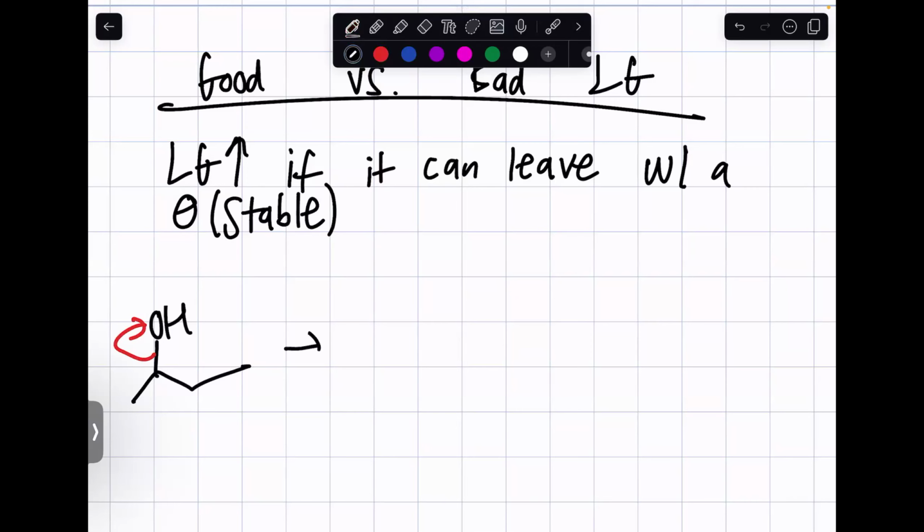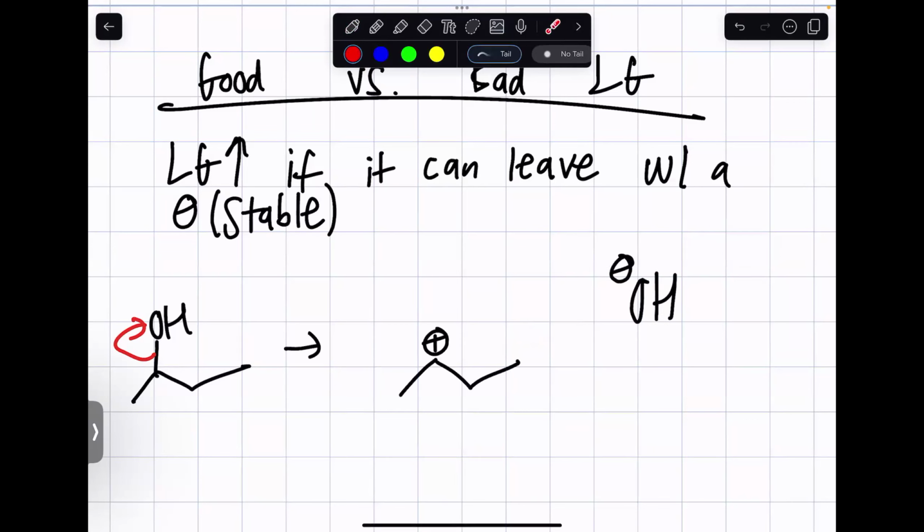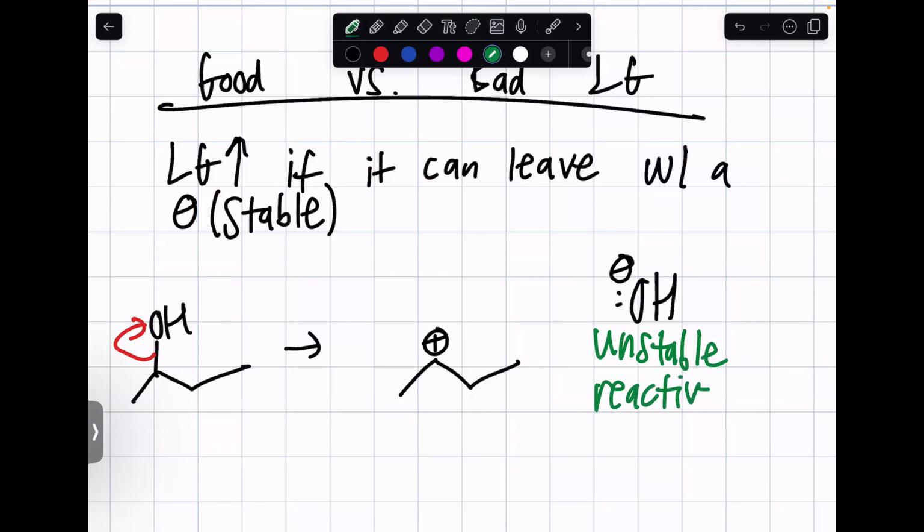When it leaves, we have this OH minus, because the bond always leaves with the leaving group, which comes as a lone pair right there. Does that part make sense so far? Yeah. This negative charge is relatively unstable because it can't do resonance at all. It's very basic. This OH minus is a strong base. It's very reactive, very unstable. And if it's very unstable and very reactive, it wants to go back, which makes it a bad leaving group. It wants to go backwards like that.